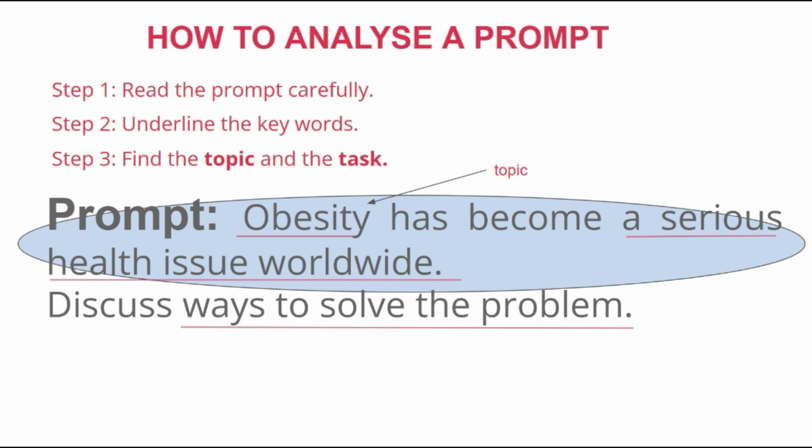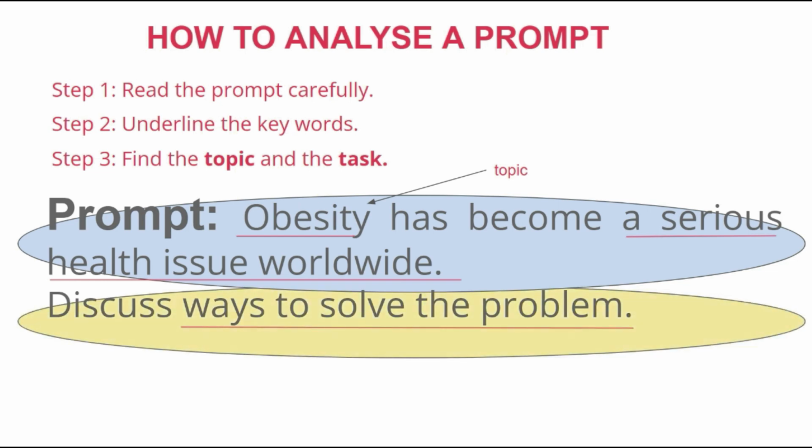The second sentence, or if the prompt is longer, then you'll have the last sentence that will give you the task of your prompt. And this task tells you how to write about the topic of your prompt. Once again, the task tells you how to write about the topic of the prompt.